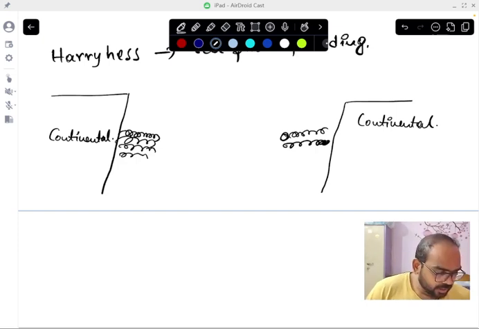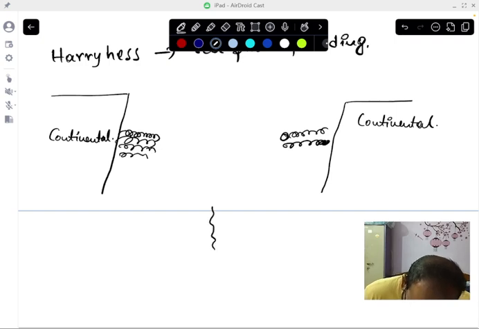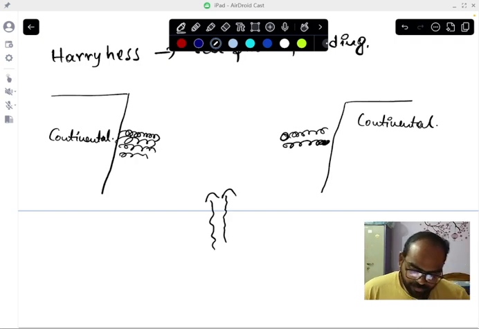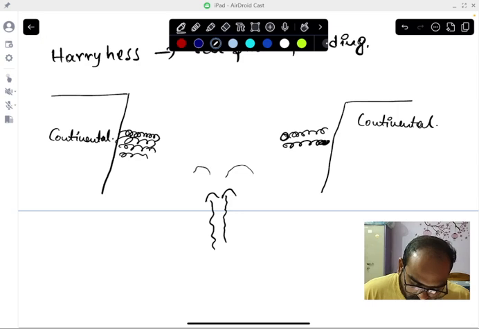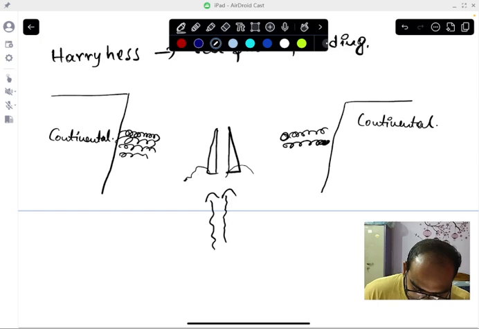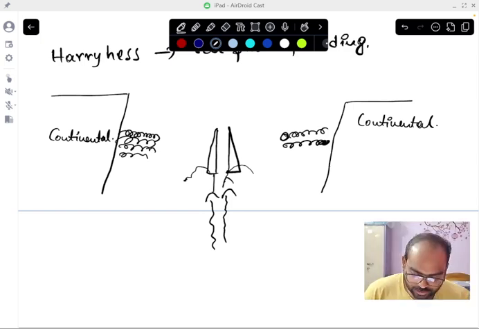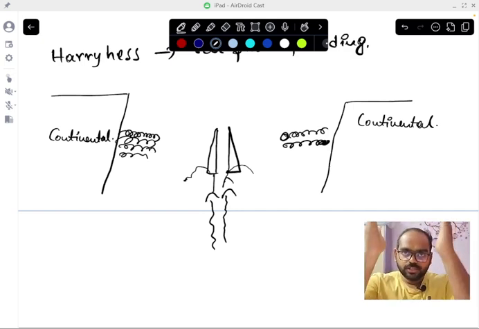And there is rising magma, and this rising magma oozed out in the form of lava and formed volcanic mountains in the middle of the ocean. This rising magma hit the oceanic crust part and oozed out, forming a series of volcanic mountains.